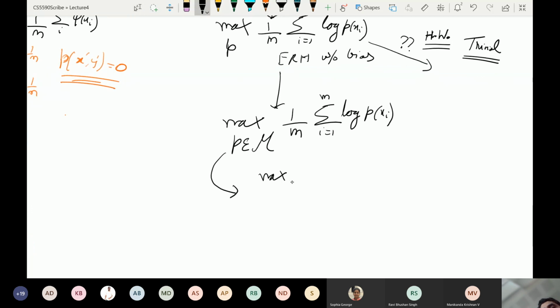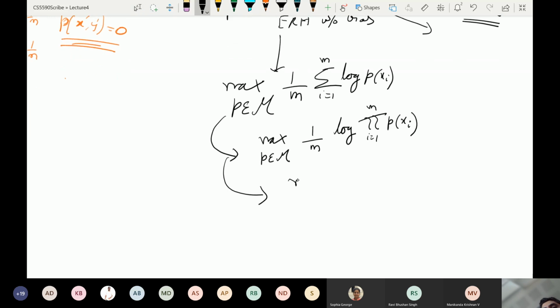It is the log of the product, right? So I can write this as 1 by m times log of the product, where this curly pi is the notation for product. Whether I maximize the log of some function or the function itself, it is the same because log is a monotonic function.